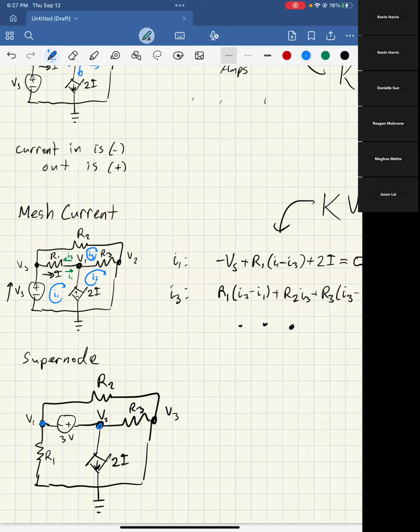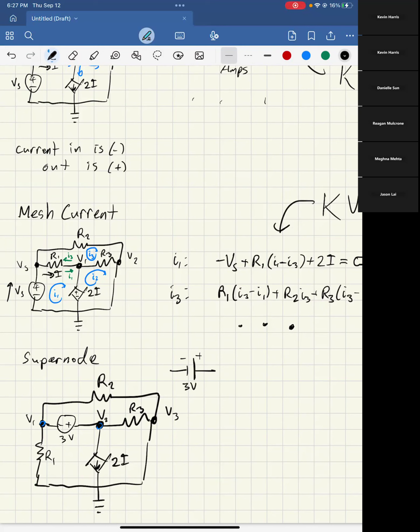So what that voltage source does is it tells you directly that the difference between the voltage at V1 and the voltage at V2 is 3 volts, because there's a voltage source between them. The other symbol for a voltage source, if any of you have learned this, is something like this, where on one side of the gap there is some voltage difference from the other side of the gap.